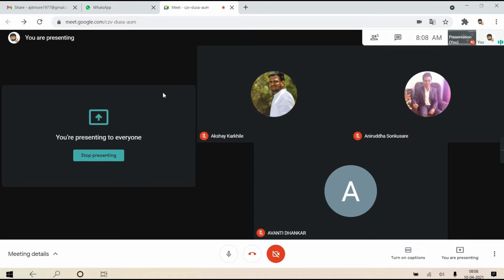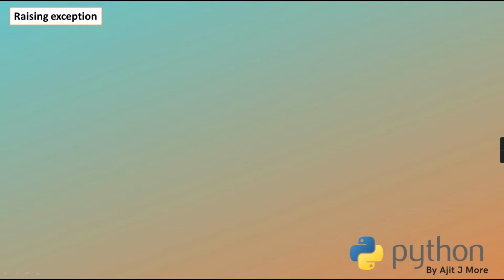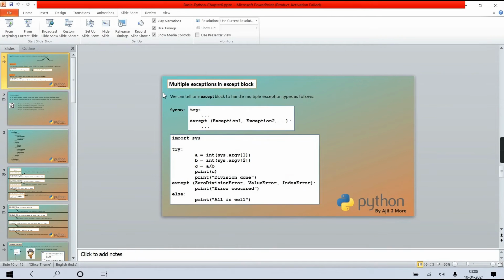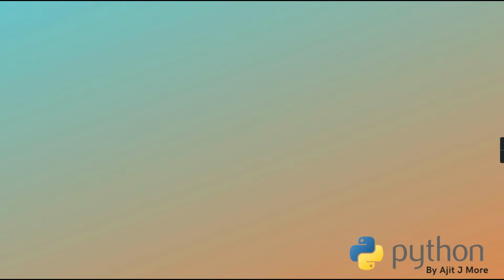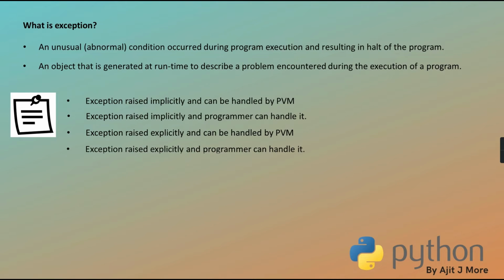When I gave you all the four combinations yesterday on the slide, see, here I told you in this slide all the four possibilities. Exceptions are raised implicitly and they are also handled by the PVM.